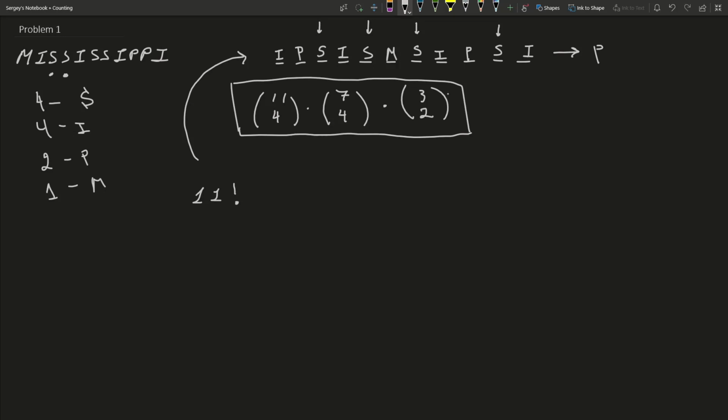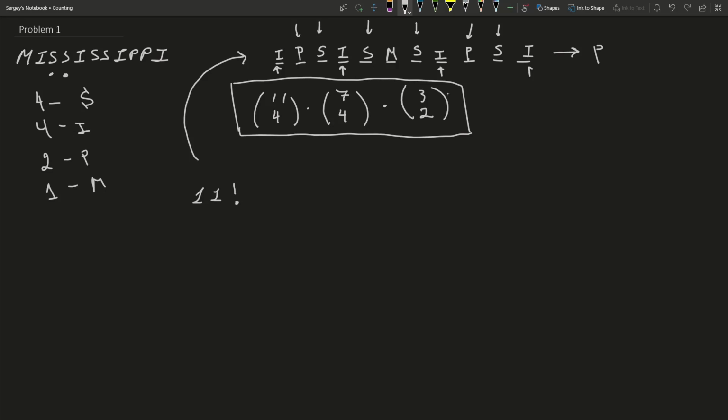So for each such permutation of letters S, if we then permuted the letters I amongst themselves, then the permutation P still remains unchanged. And then for every one of those permutations of the letters I, if we were to permute the letters P amongst themselves, we still leave P unchanged.